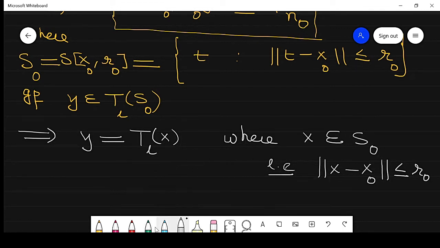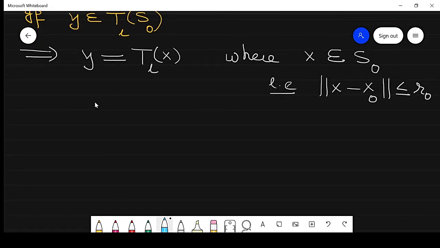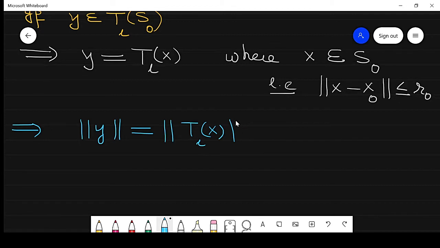So if it satisfies this condition, then norm of y, which is equal to Ti of x, implies norm of y is equal to norm of Ti of x. So what is x? x belongs to S0.